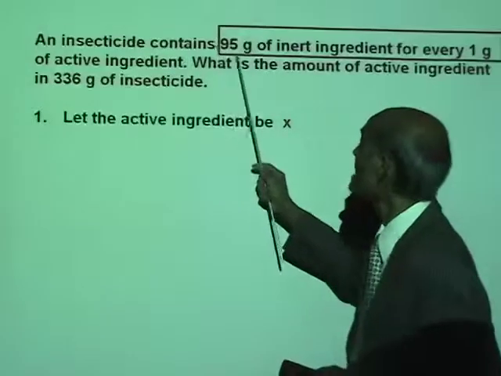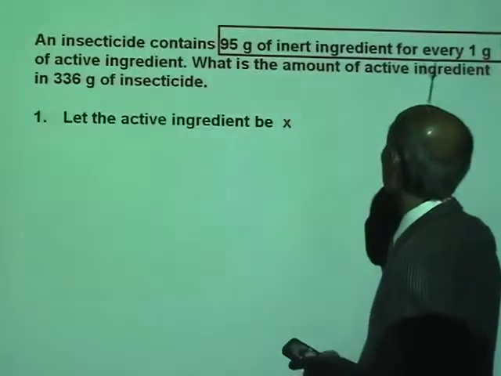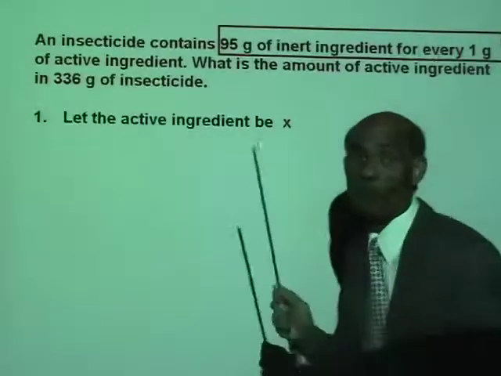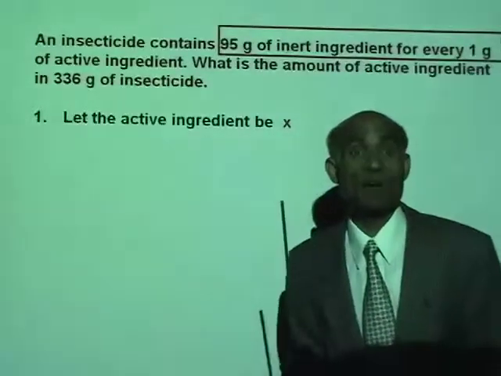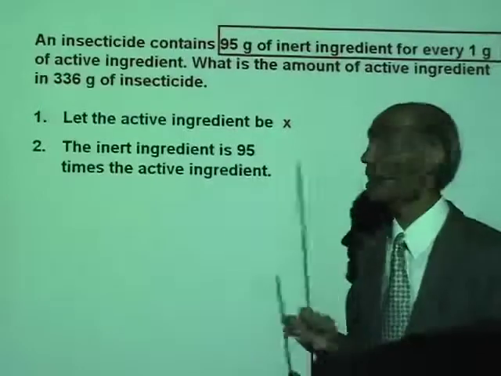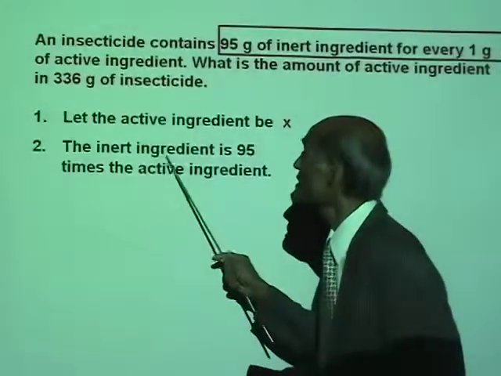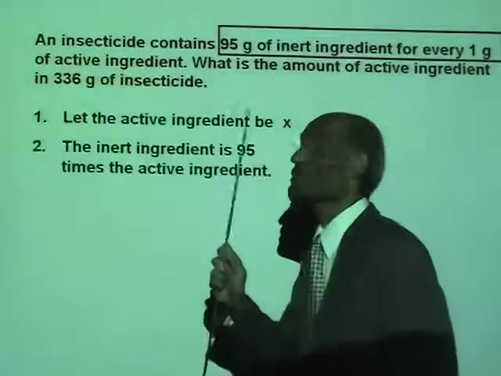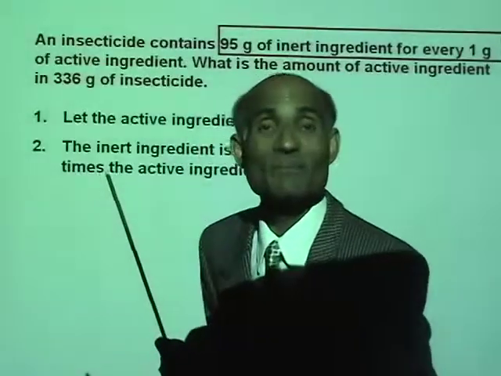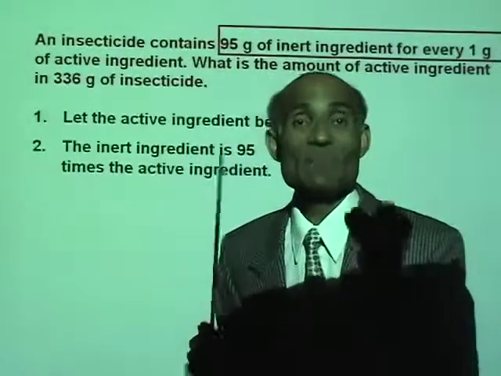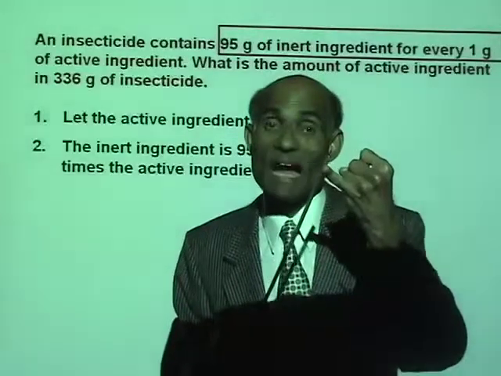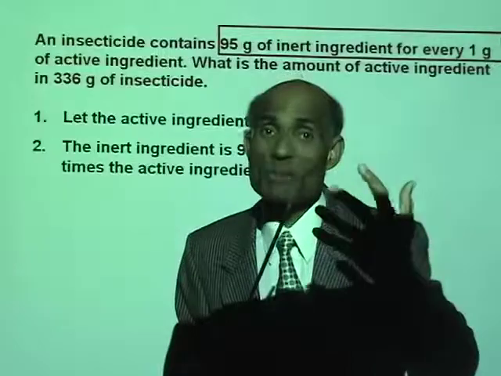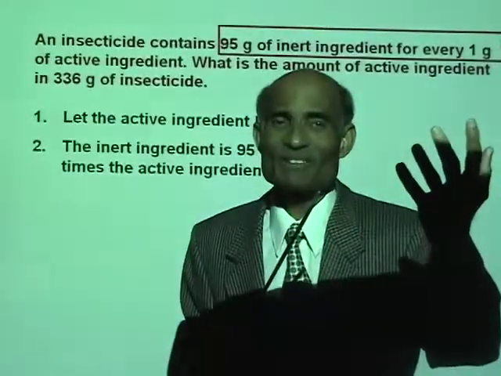It says 95 grams of the inert ingredient for every 1 gram of active ingredient. What does that mean? It means the inert ingredient is 95 times the active ingredient. Is that right? If there is 1 gram of active ingredient, there are 95 grams of inactive ingredient.